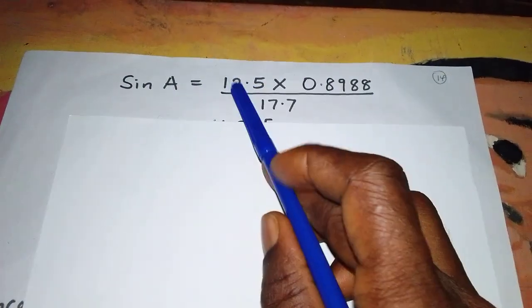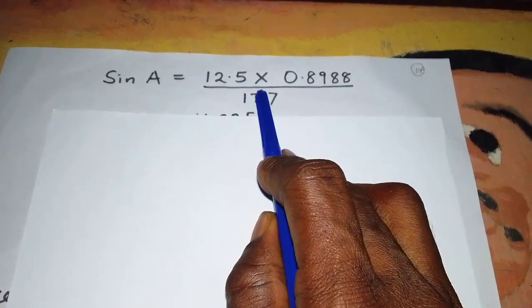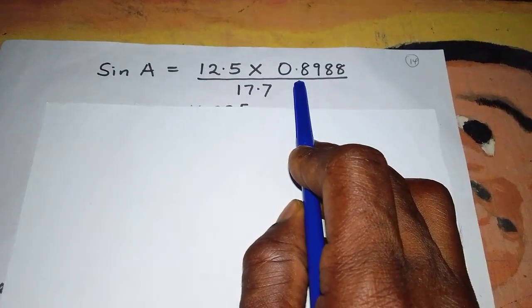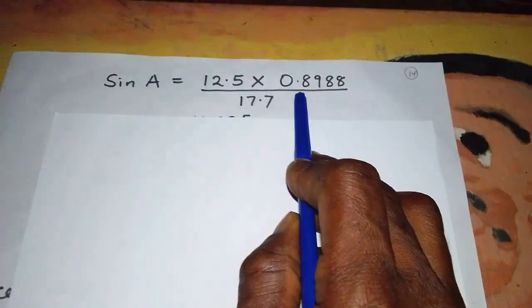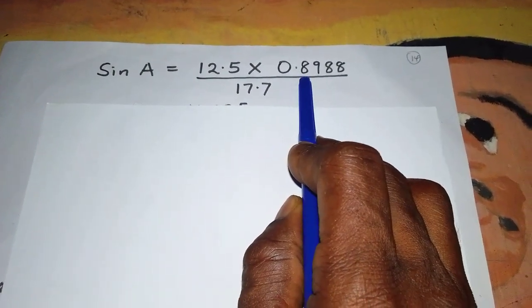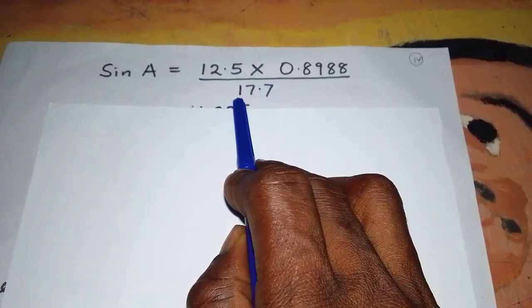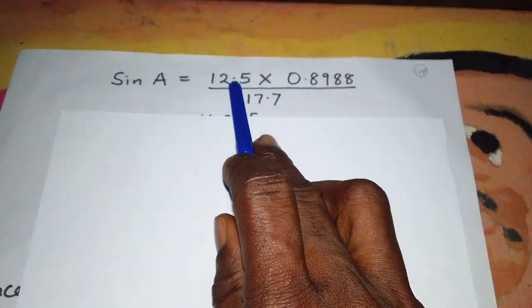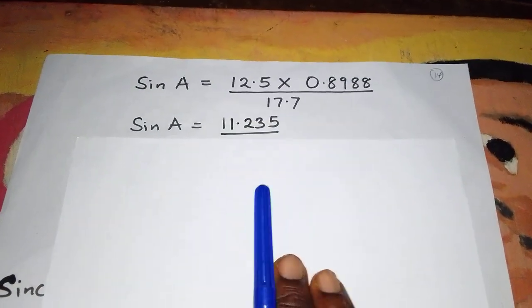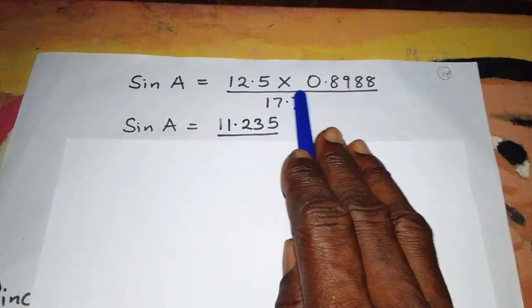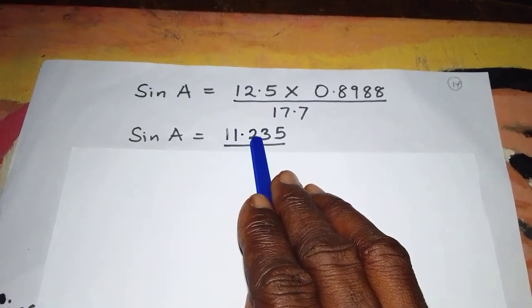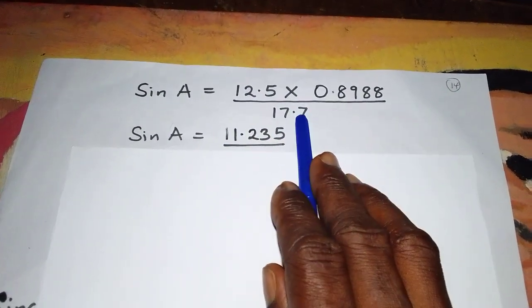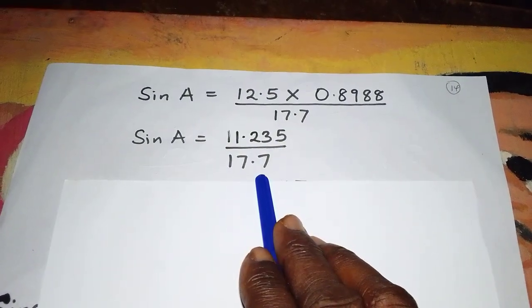Now, sine A equals 12.5 times sine 116, which gives 0.8988, divided by 17.7. So when you multiply the numerator, 12.5 times 0.8988 gives 11.235, divided by 17.7.